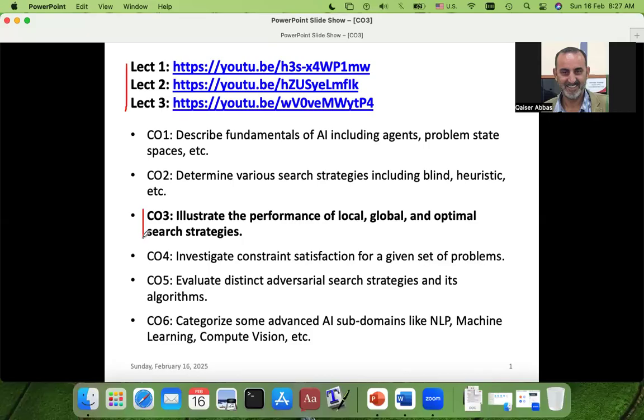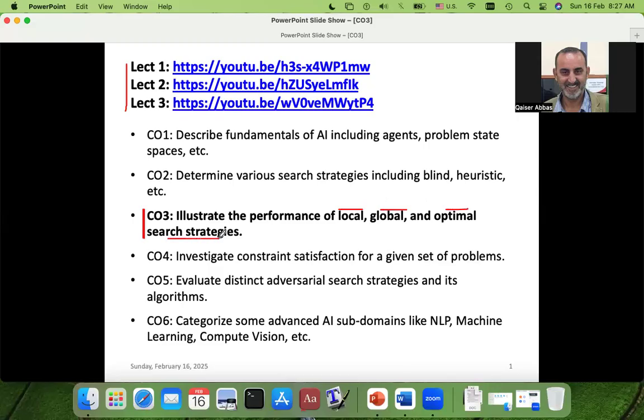I'm sure that we have already seen the greedy best first search and the A star algorithm. Okay. So now CO3, or CLO3, the statement of the CLO3 is: illustrate the performance of local, global, and optimal search strategies.